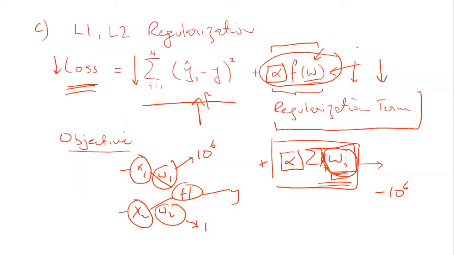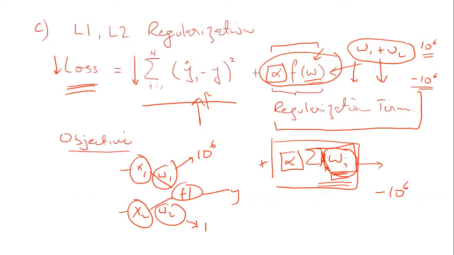If this is W1 plus W2, and we're trying to reduce this, we're basically saying that both of these should be small. But if it's just W1 plus W2, negative large values can also be included. So 10 power 6 positive is going to be discouraged, but negative 10 power 6 is going to be allowed, because we're trying to reduce the loss as low as possible, and negative losses are also acceptable.